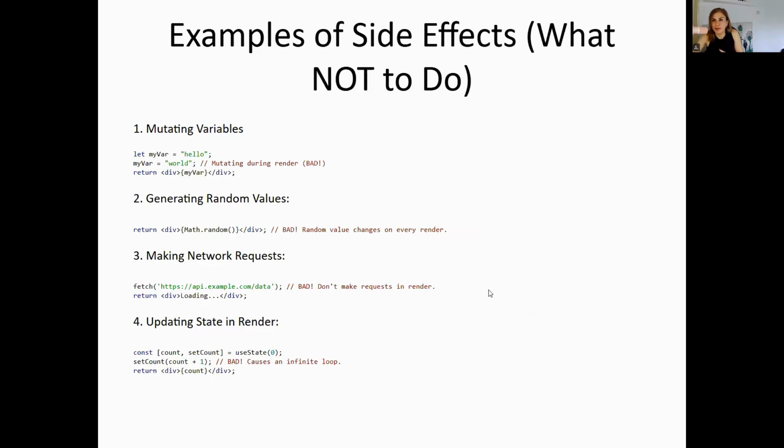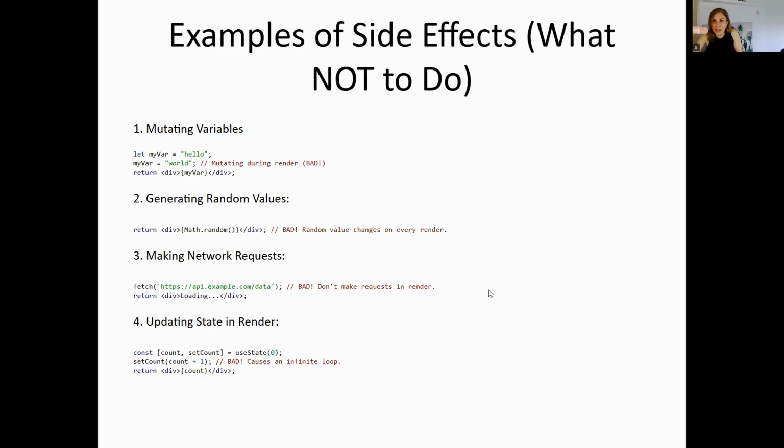Now, let's remind ourselves what are the examples of side effects. For example, mutating a variable during the rendering. We expect the variable value to be hello, and then we suddenly decide to update it to world. Or creating random values by using Math.random.